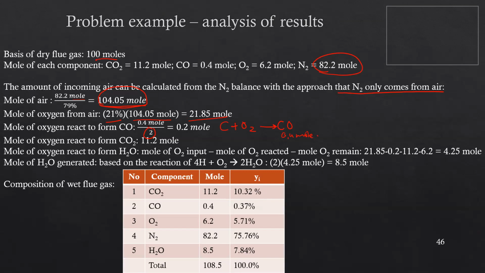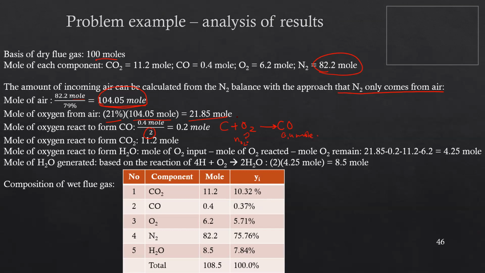This is the one that we actually asked, the moles of oxygen. Based on the stoichiometric approach, it is divided by 2. In the equation, the number of moles of O2 should be half.